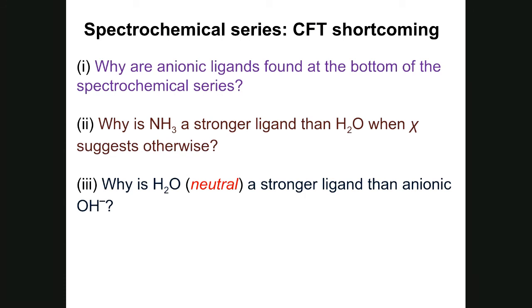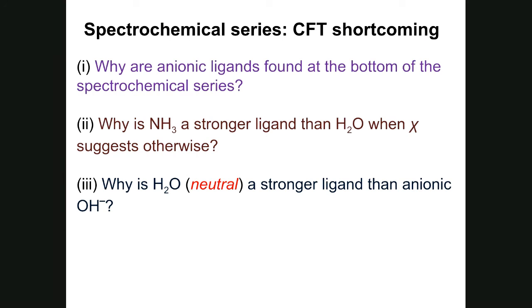If you look at the spectrochemical series, anionic ligands are at the bottom. That wasn't supposed to be expected from ionicity. You've got ammonia or NH3 being a stronger ligand than water or H2O. If you look at the periodic table, I mean, we're looking at ligands as ions or ligands as dipoles.